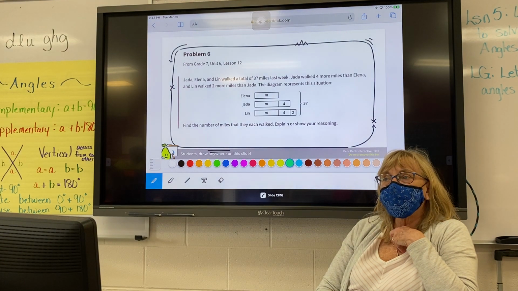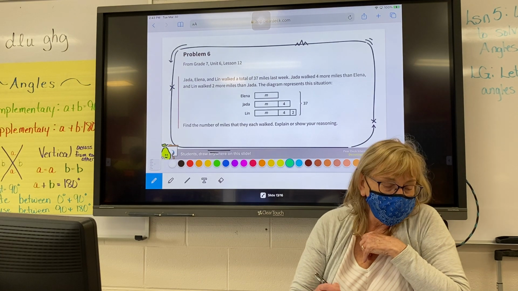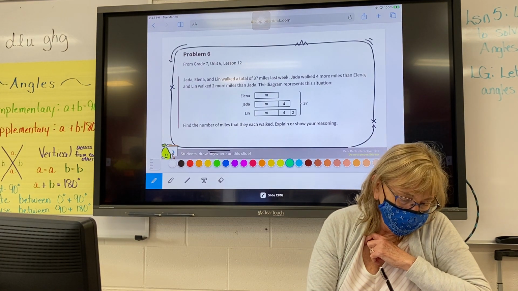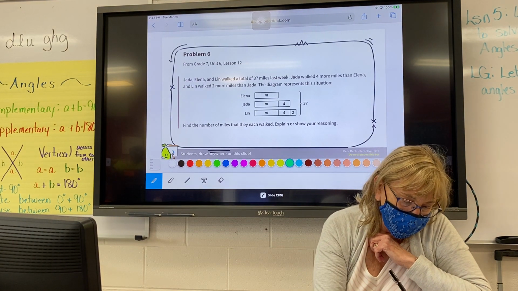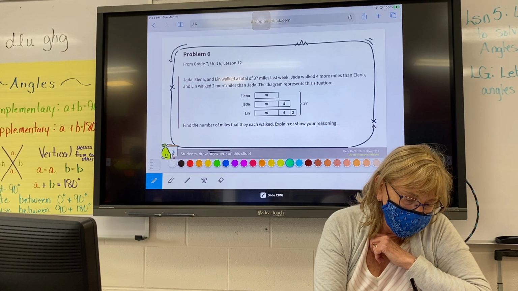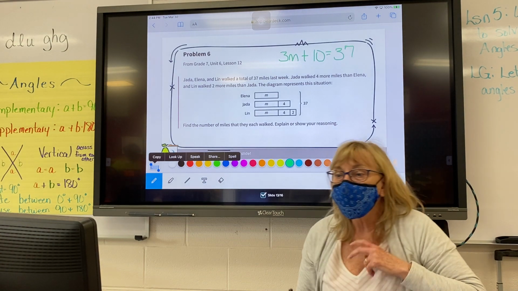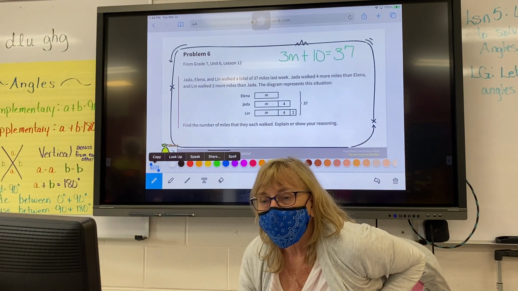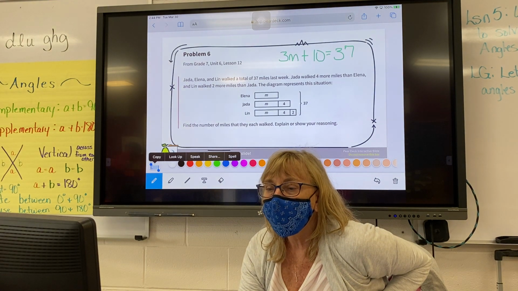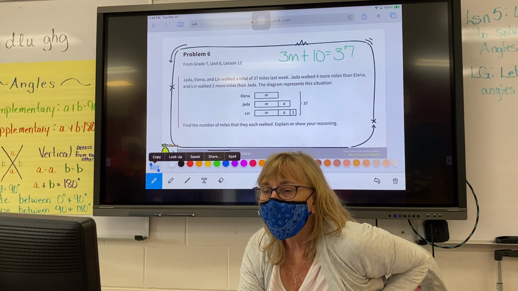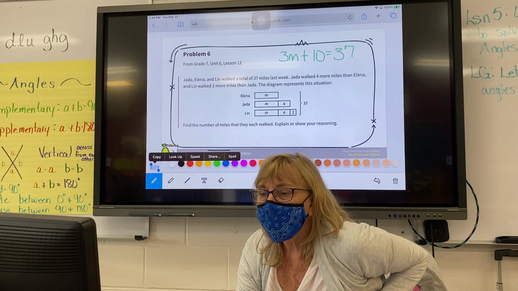You can either do it visually or you can turn it into an equation. I'm open to either. And there is your equation if you want to solve it that way. Can you divide first?